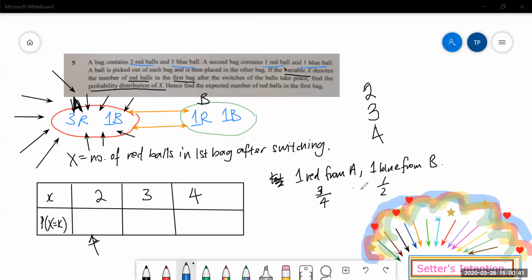Correct. Okay, just a bit more. Bear with me. We're ending already. Just a bit more.